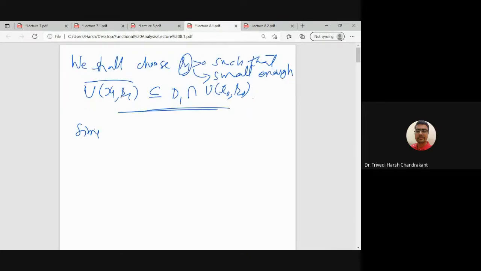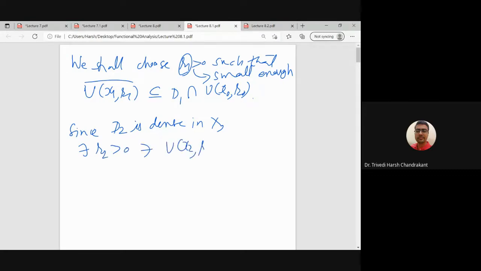Now, since D2 is dense in X, we get another radius so that U(X2, R2) is contained in D2 intersection U(X1, R1).